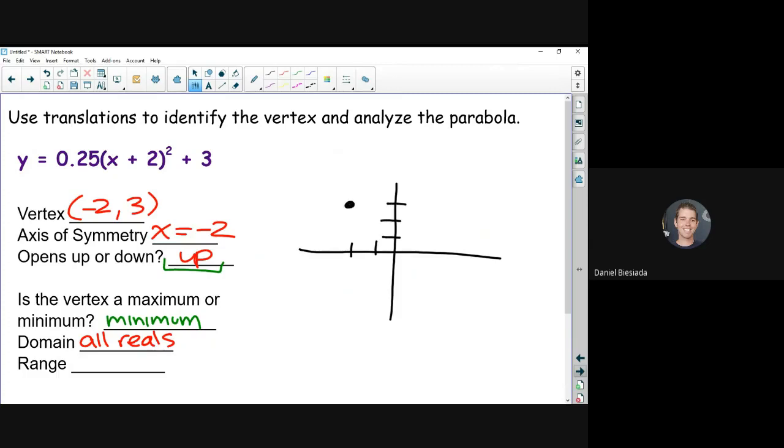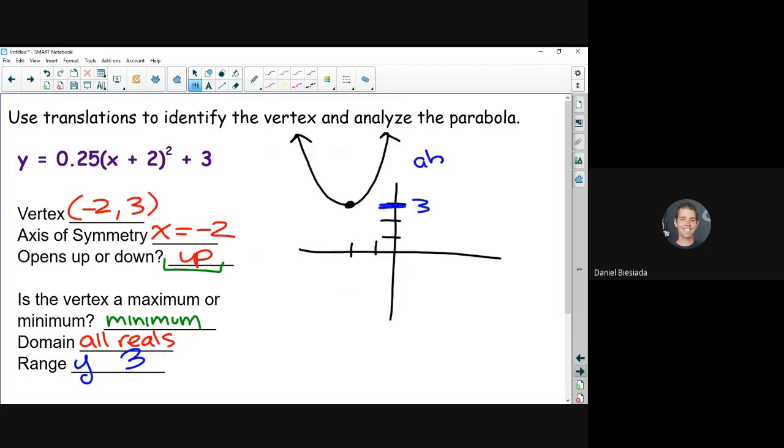My vertex is -2, 3, and we know that this graph opens up. So all I need to do is draw an opening up graph that passes through -2, 3 as the vertex. Based on that, I should be able to find my range. I know it's the y value, so I know it has to involve the 3. But I'm looking at that graph and I ask myself, is the graph above 3 or is it below 3?